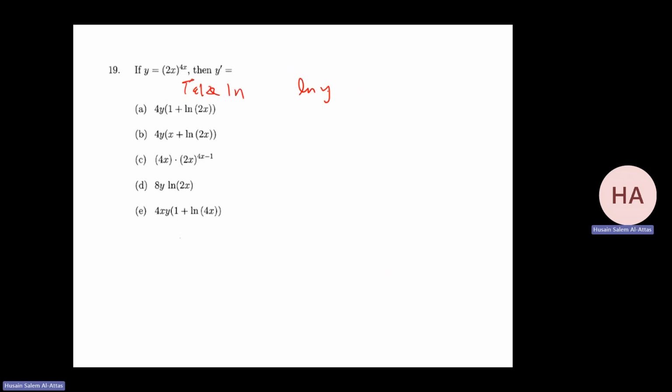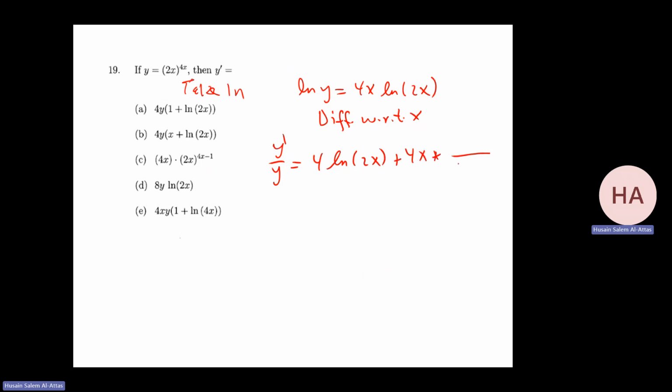So I have ln y equal 4x ln 2x. Differentiate with respect to x. You get y prime over y equal 4 ln 2x plus 4x times the derivative of 2x over 2x, which is 2 over 2x.